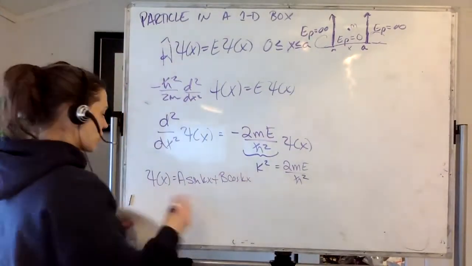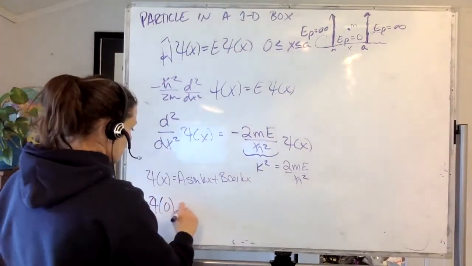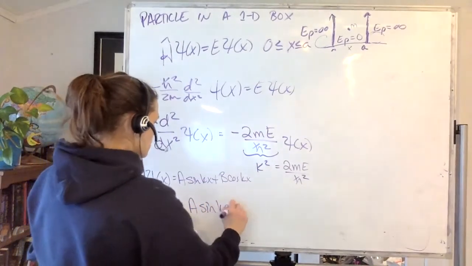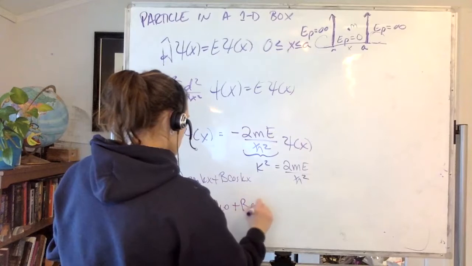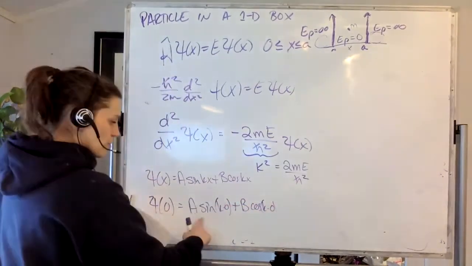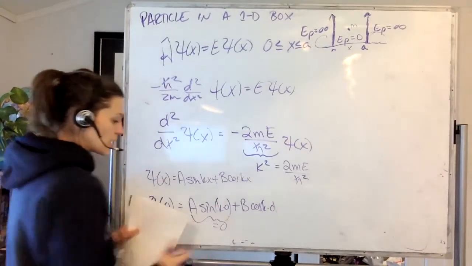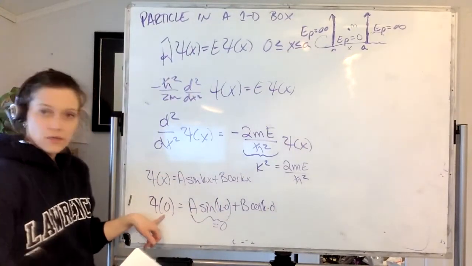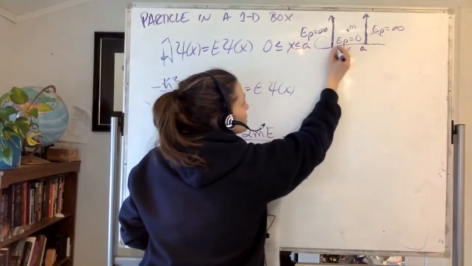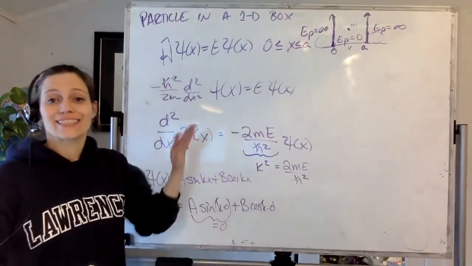And so for psi of 0, that gives me a sine k times 0 plus b cosine k times 0. And so this equals 0, because at the boundary, psi is equal to 0, the particle cannot exist. It's an infinite potential.